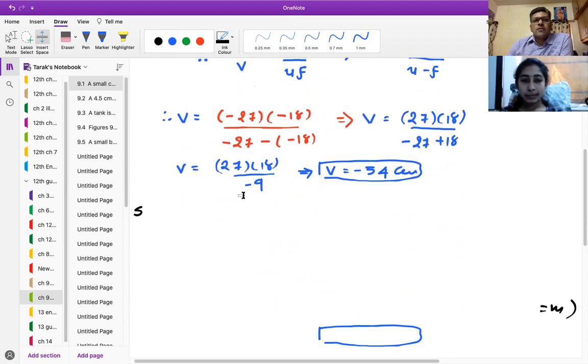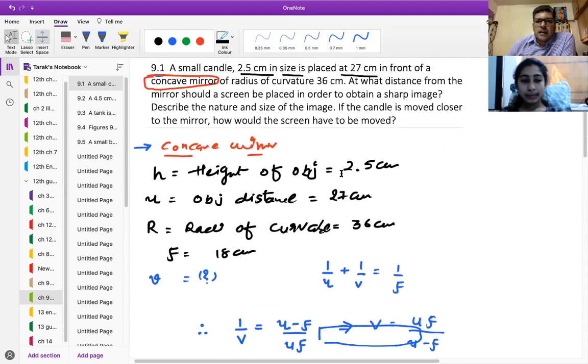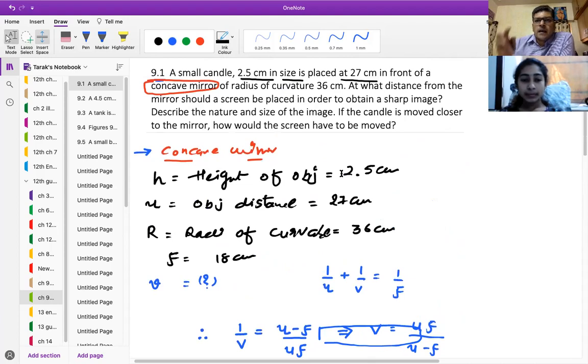Now what I have to do next is that they have asked me to describe the nature and the size of the image. If the candle is moved closer to the mirror, how would the screen have to be moved? It means that what type of image I will receive will be decided by the value of magnification.